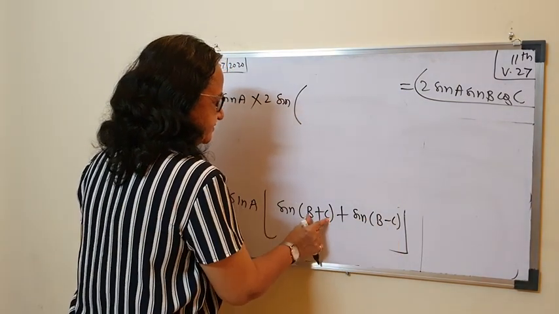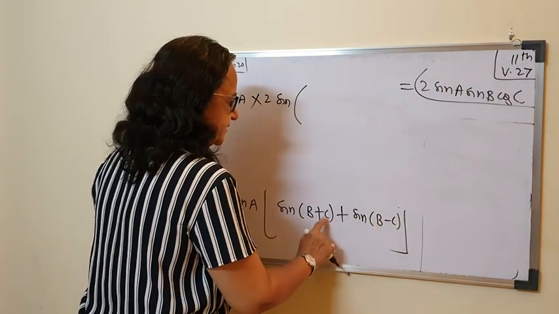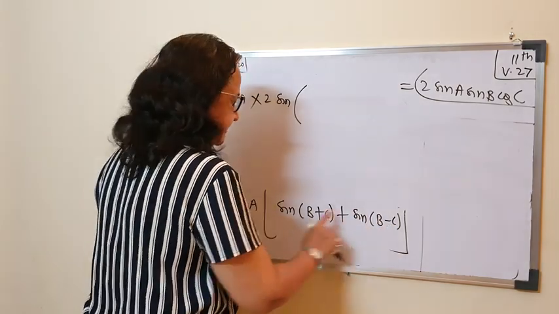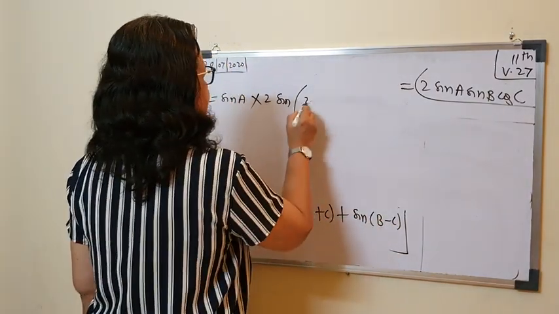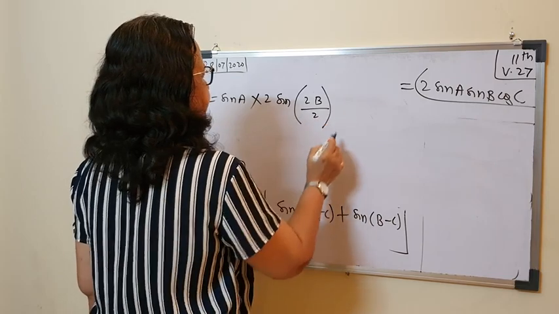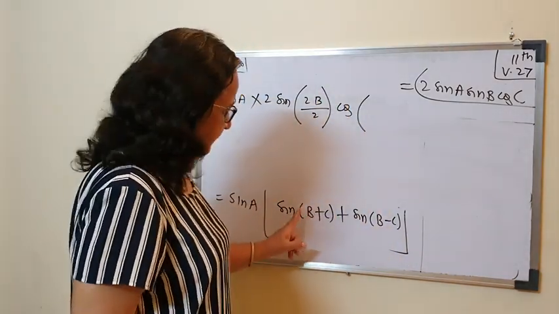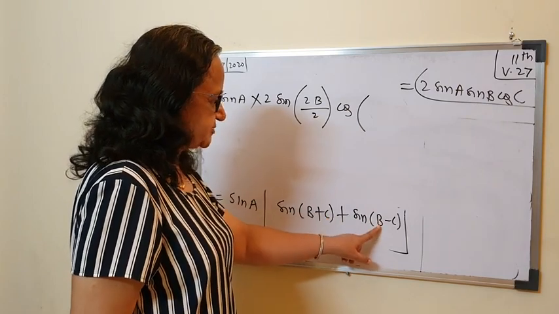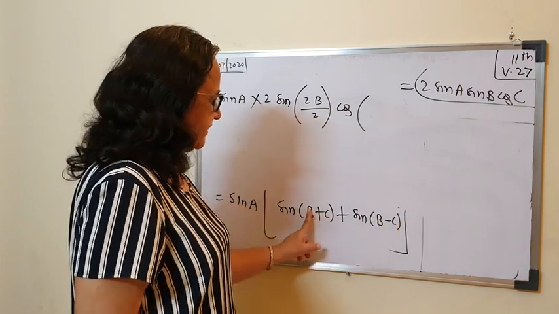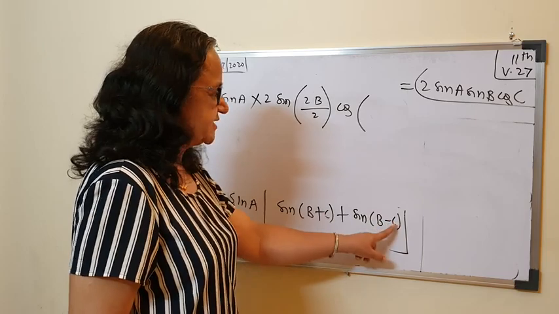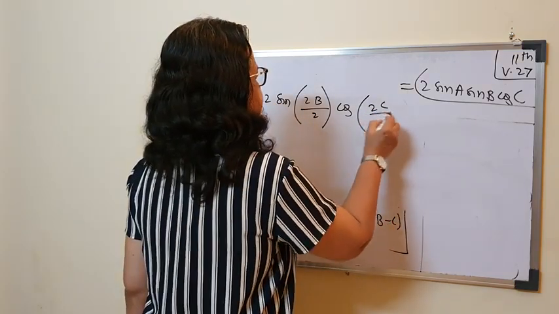When you add B plus C and B minus C, plus C and minus C will cancel, B plus B, 2B divided by 2, and then cos, subtraction, B plus C minus B plus C. So B and minus B will cancel, C plus C, it will be 2C divided by 2.